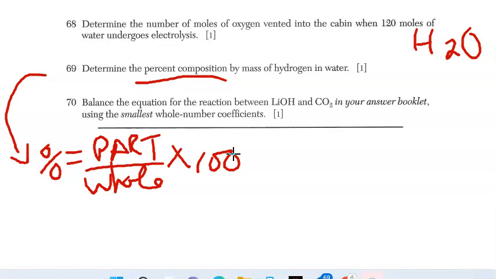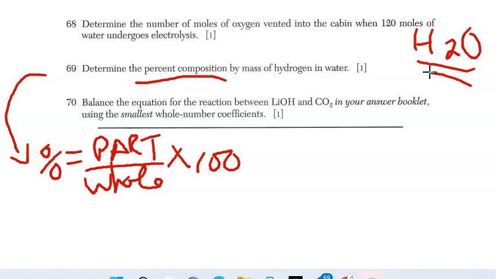All right, in order to figure out the mass here, we need to go to the periodic table. And what you're going to find is you need the gram formula mass for hydrogen, which of course is 1, and the gram formula mass for oxygen, which is going to be listed as 15.999, something like that. Just round it to the whole number, it's 16.